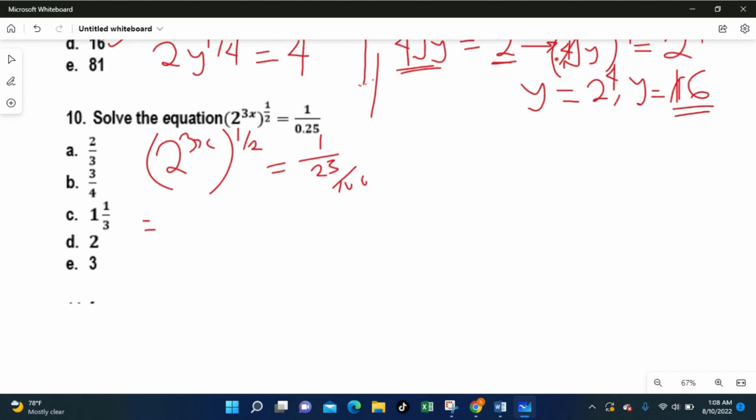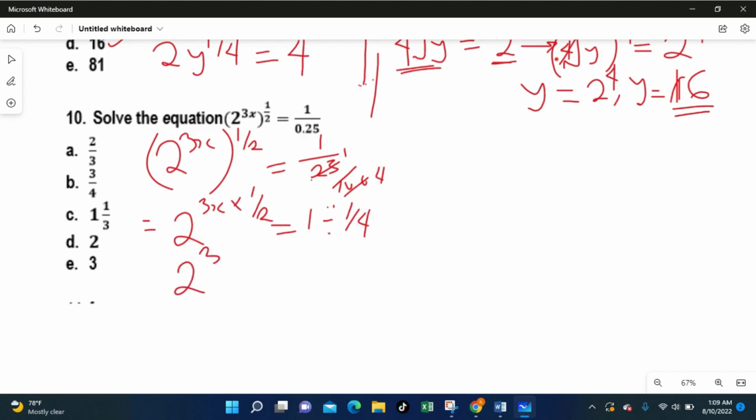So this will give us 3x multiplied by 1 over 2 equal to 1 divided by 25 over 100. Dividing by 5 and by 25 will give you 1 over 4.